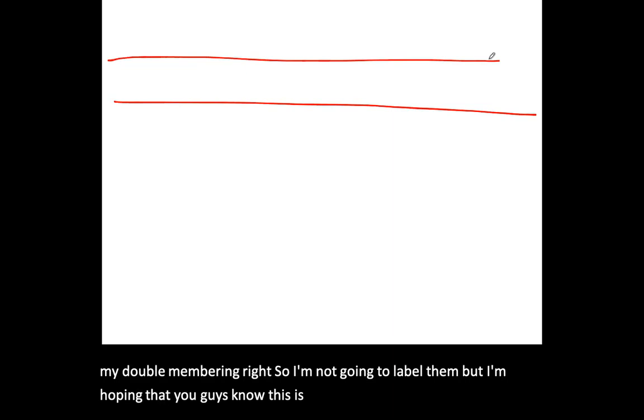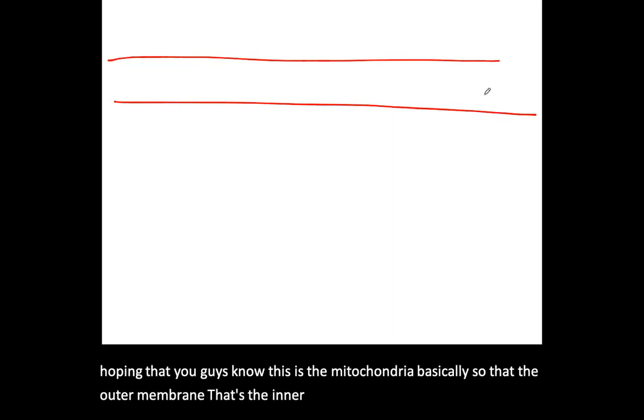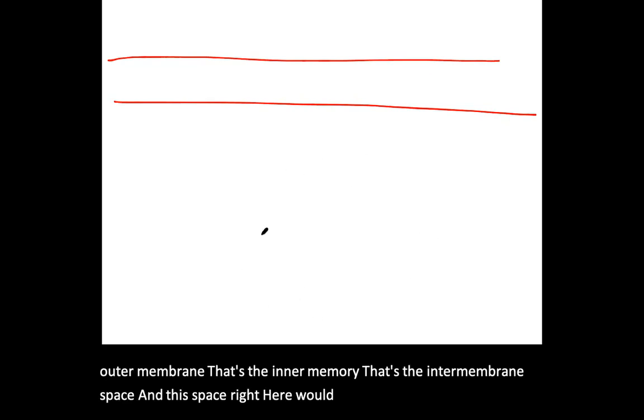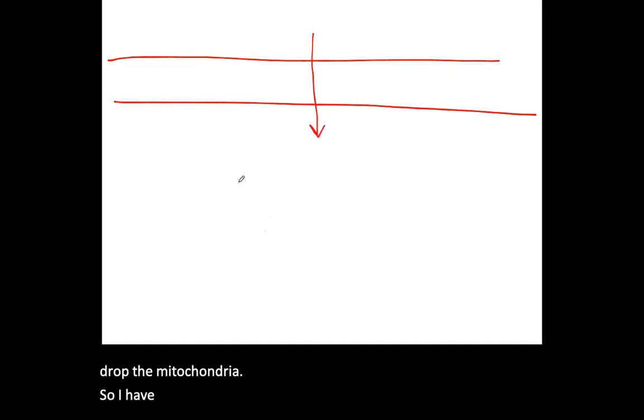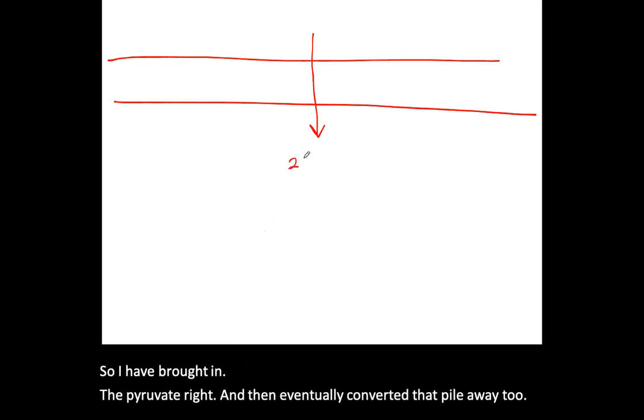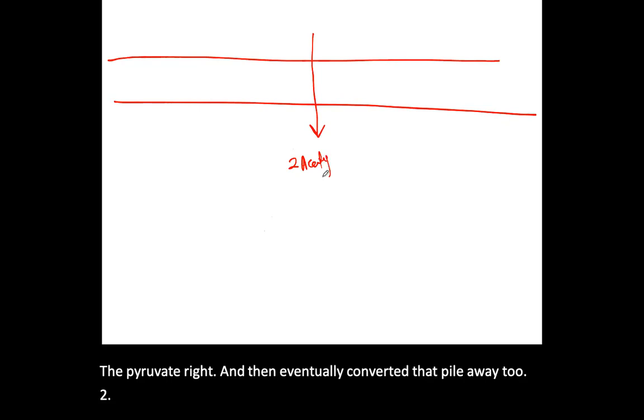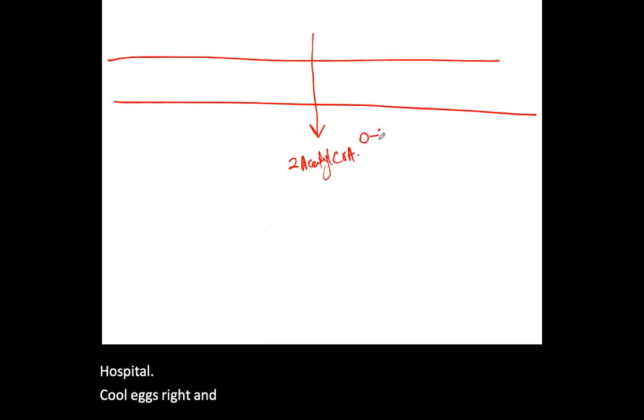That's the outer membrane, that's the inner membrane, that's the intermembrane space, and this space right here would be the matrix of the mitochondria. So I have brought in the pyruvate and eventually converted that pyruvate to 2 acetyl-CoAs, and each of these acetyl-CoAs is again a 2 carbon molecule.